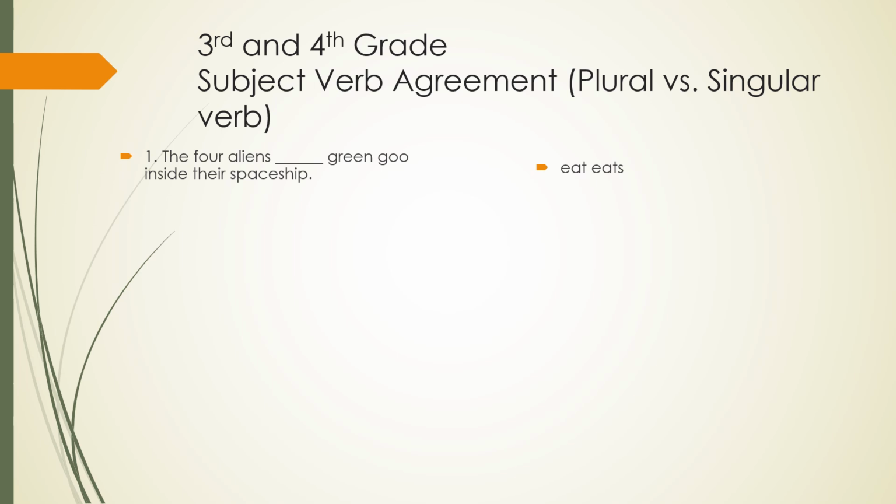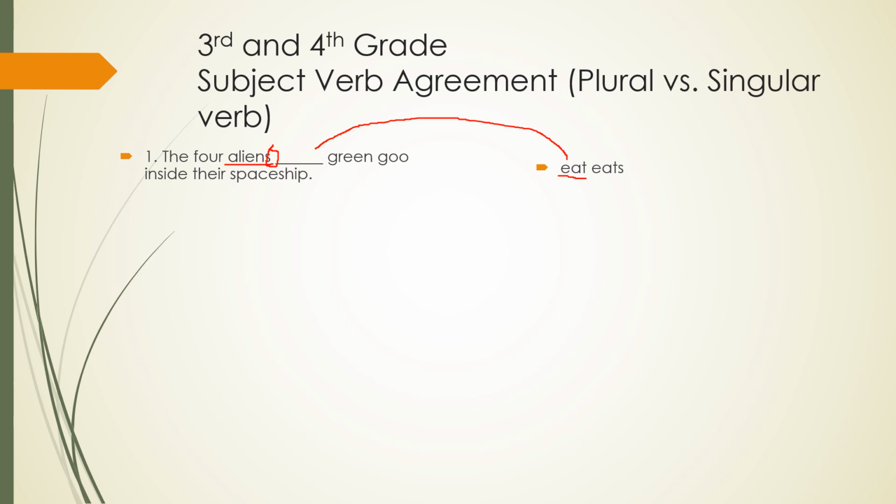A noun like aliens, sorry, this is a plural noun because of the S. We're going to use eat, a singular verb. But if we do plural and plural, it doesn't really sound right. Let's listen to the sentence.